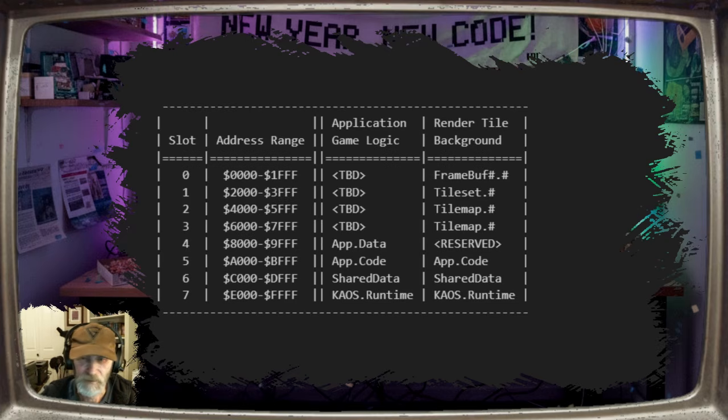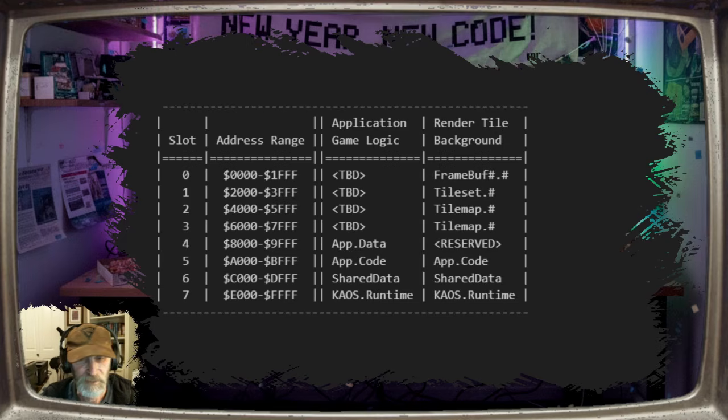So we start with this: I have to have the frame buffer. At least one block has to have the frame buffer that I'm drawing to. I need at least one block mapped in for the tile set. I've got to have the graphics to draw. I would prefer two blocks devoted to a tile map, so I can reduce comparisons, or having to add additional code and split up my unrolled loop to draw an edge.